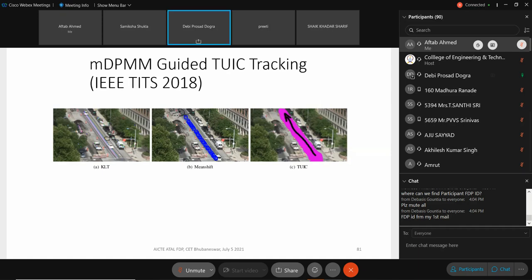If you look at KLT, it was not providing the actual track; it was breaking in between. Similarly, mean shift was good, but toward the end, mean shift was also fading. Whereas in case of TUIC, this is the paper I was talking about, IEEE Transactions on Intelligent Transportation Systems 2018, you can see how object tracking is perfect for scenarios like this.